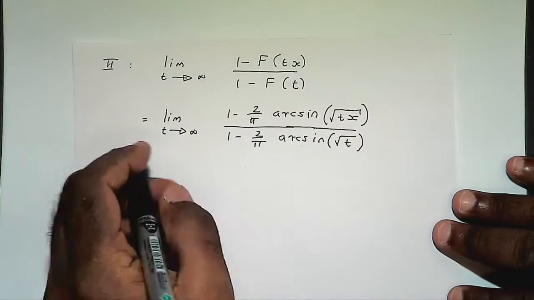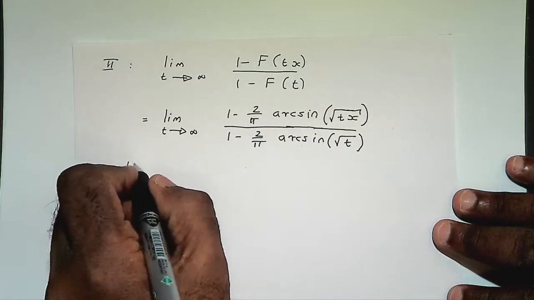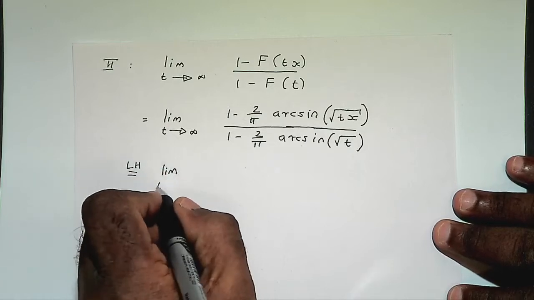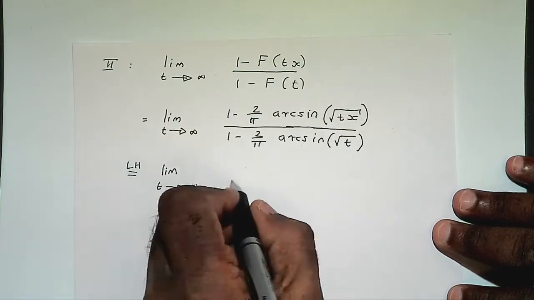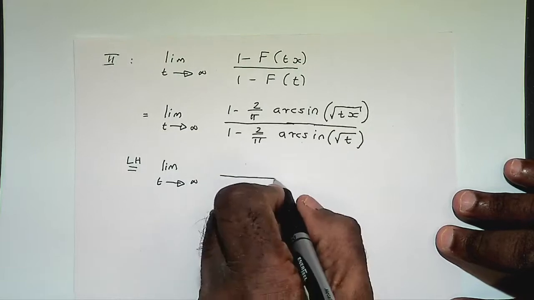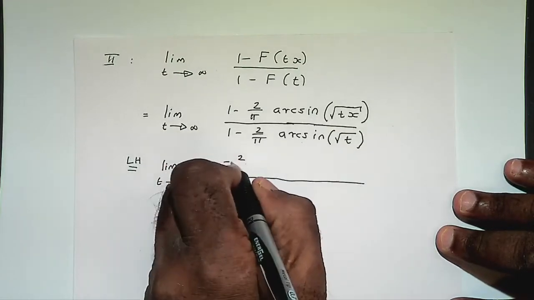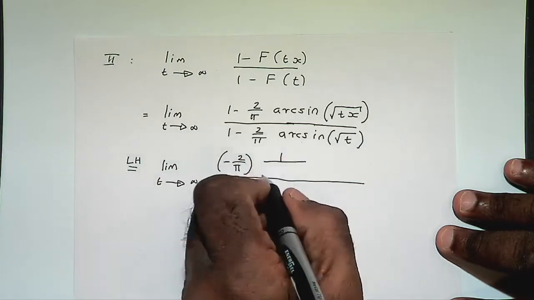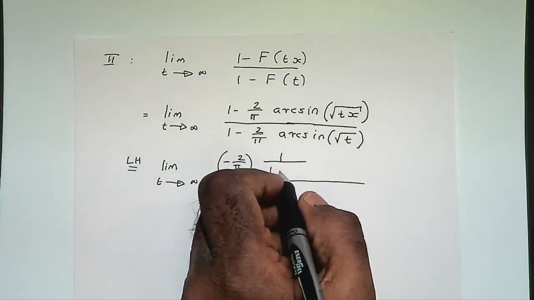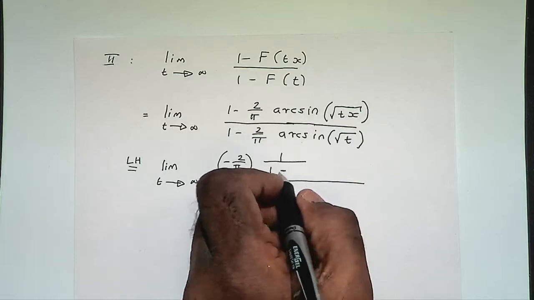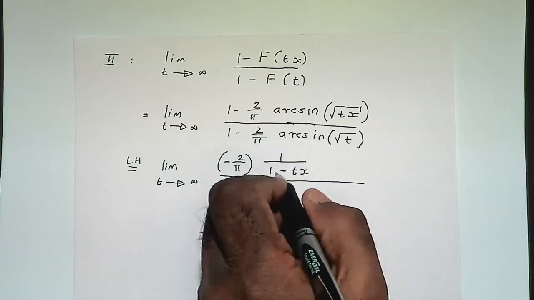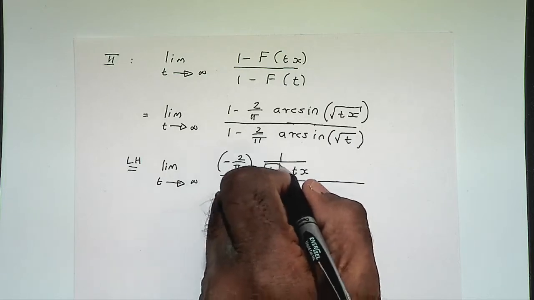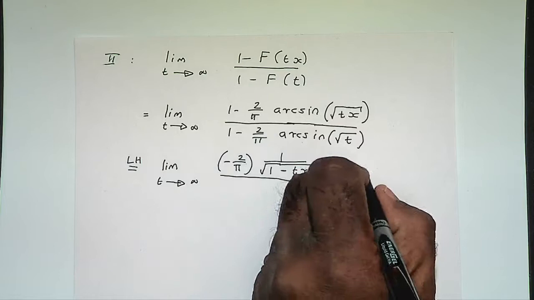All right, now I'm going to use L'Hopital's rule. So I'm going to differentiate the top and the bottom with respect to t. So in the top you will get the square root of this times x.